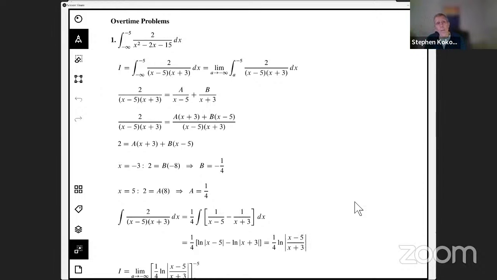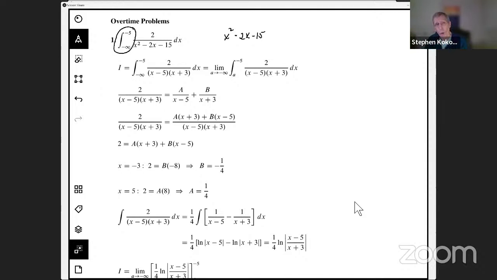This is kind of a neat problem that somebody posted. Find the integral from minus infinity to minus 5 of 2 divided by that quadratic expression. Well, the very first thing you have to think about when you see this is that this is certainly an improper integral because that's an infinite interval. But the other thing I thought about is this x squared minus 2x minus 15.